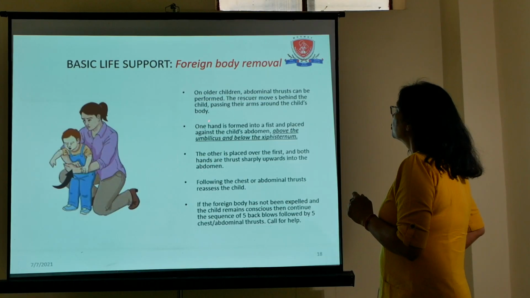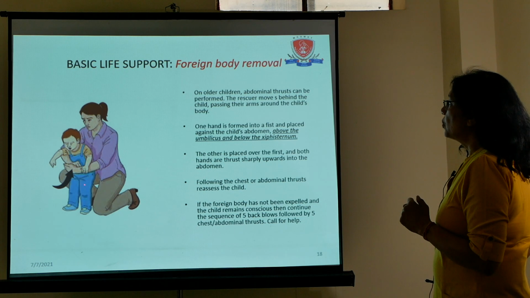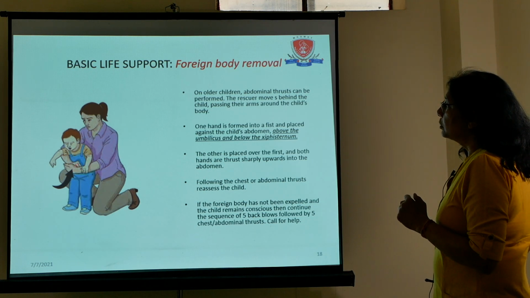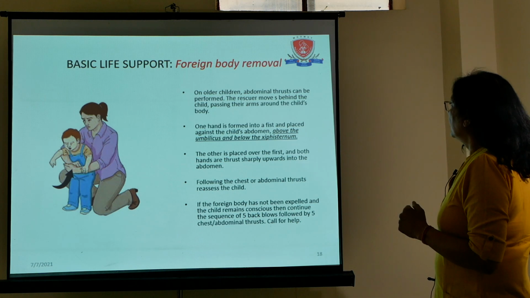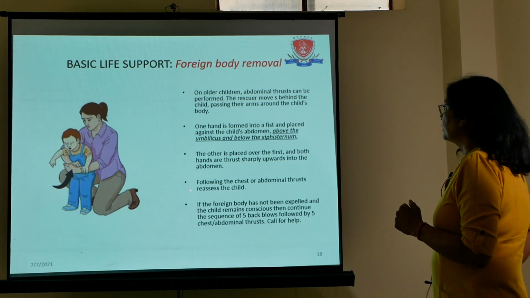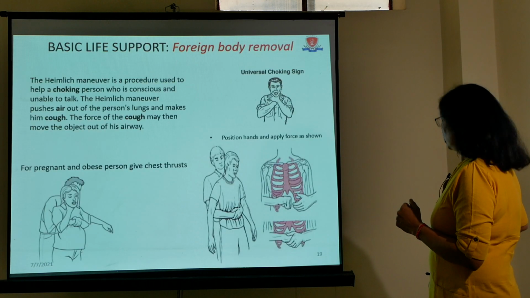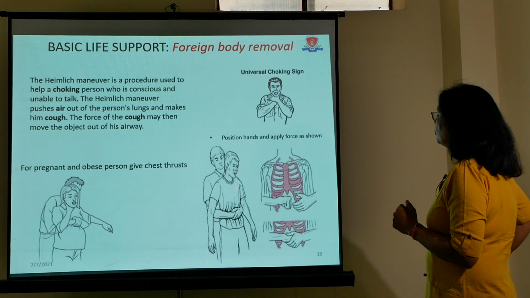So for older children and adults, the Heimlich maneuver is used, wherein you place them standing and make a fist just below the xiphisternum and above the umbilicus, put your other hand over it and give thrusts, applying pressure so that the foreign body comes out. So these are the positions wherein you can help remove the foreign body.